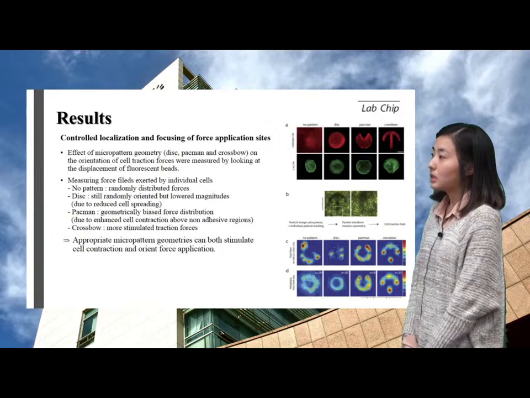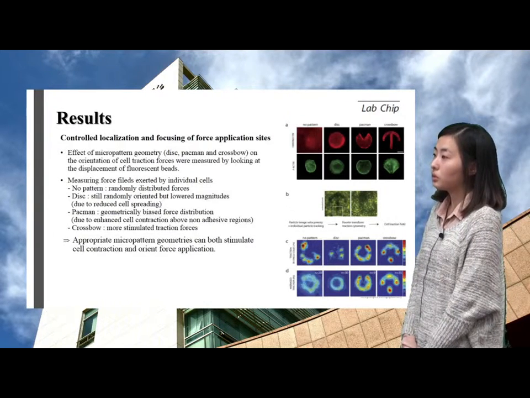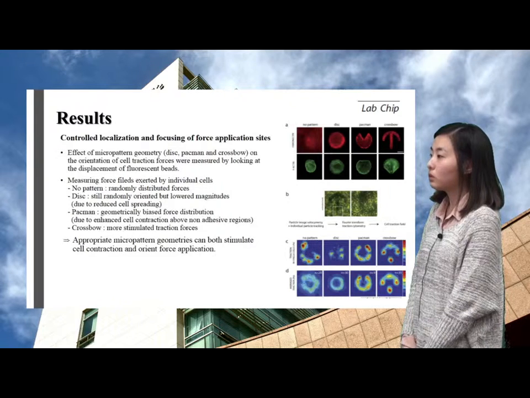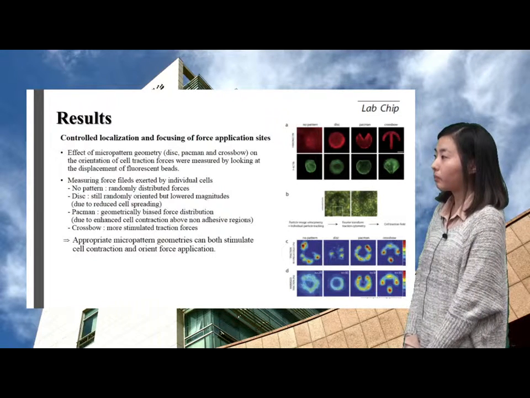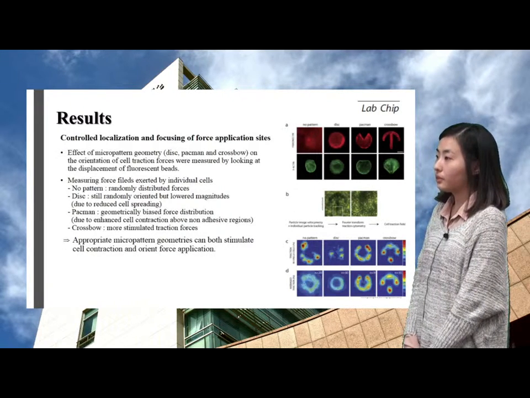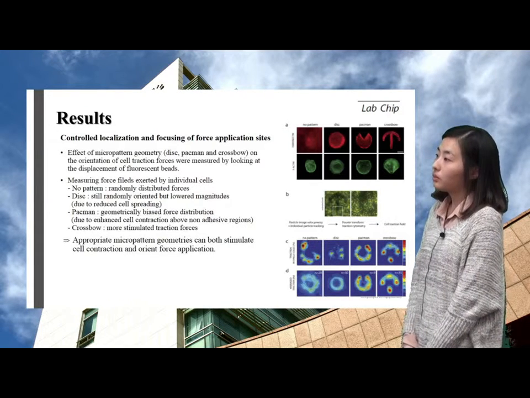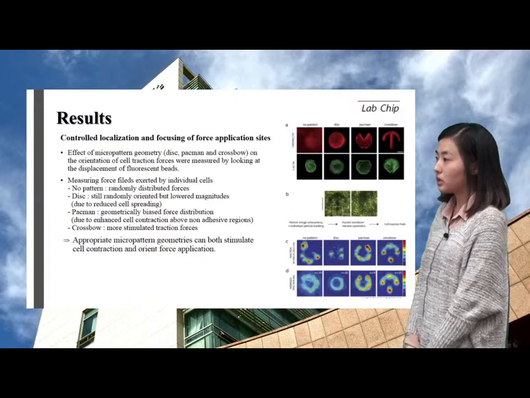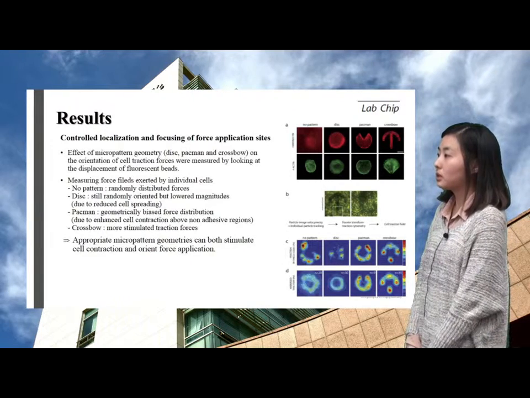At last, cells on crossbow shapes showed more stimulated traction forces due to enhanced cell contraction above non-adhesive regions. From these results, appropriate micropattern geometries can both stimulate cell contraction and orient force application.